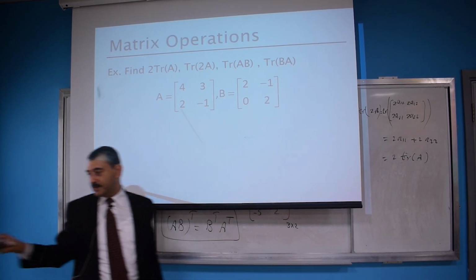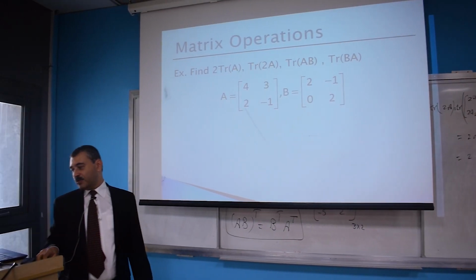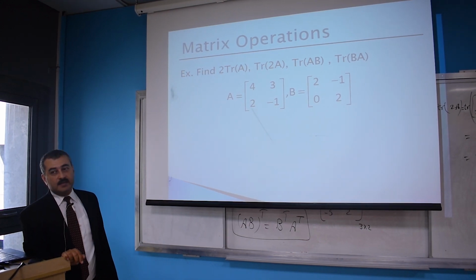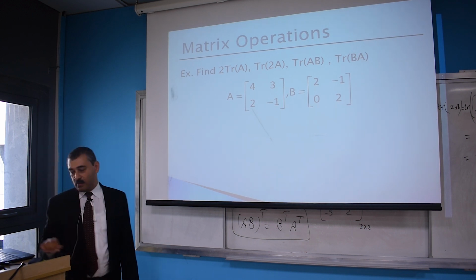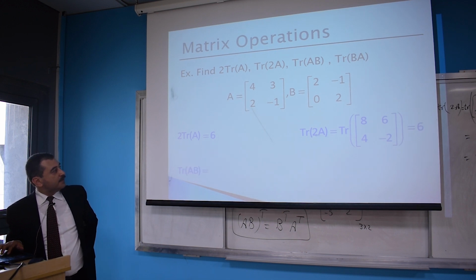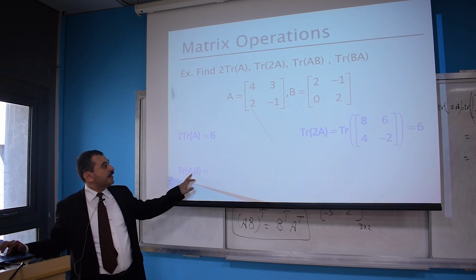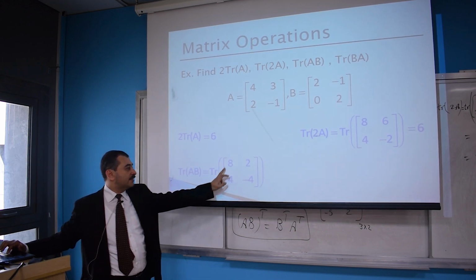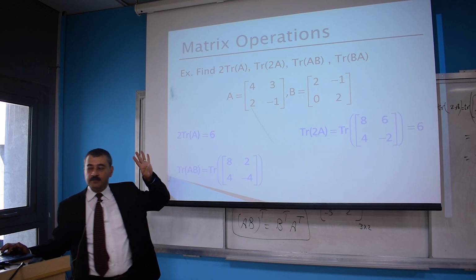This is in general. What about trace of AB and trace of BA? Are they the same? If you find A times B, you will get this matrix, and its trace is 4.